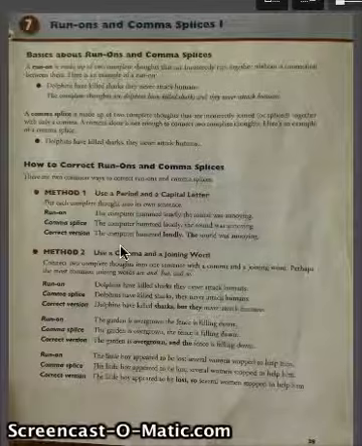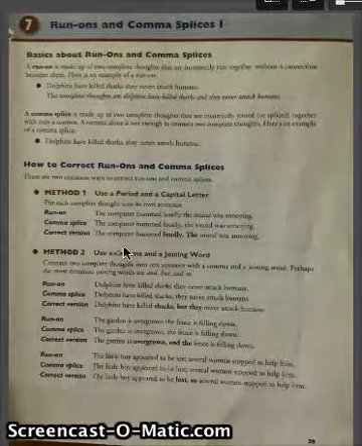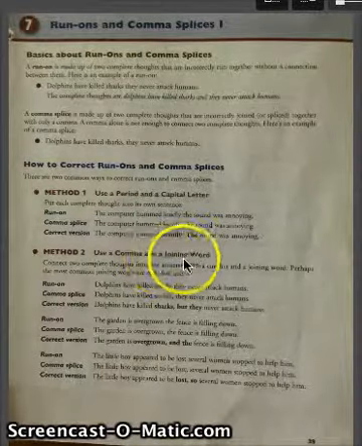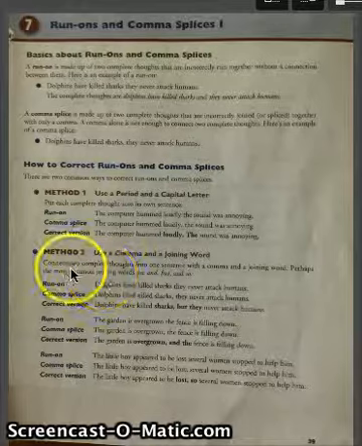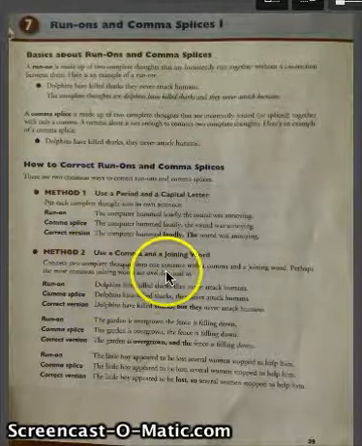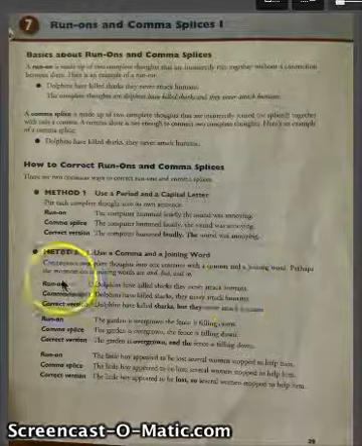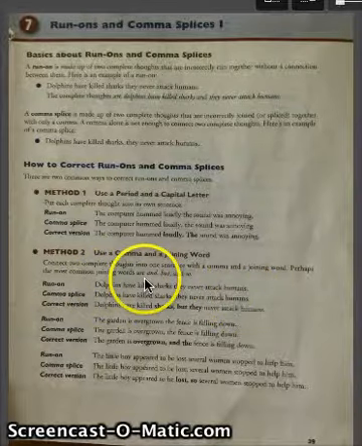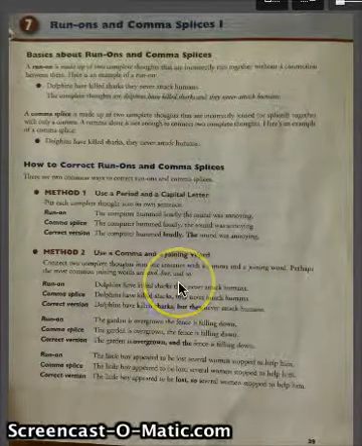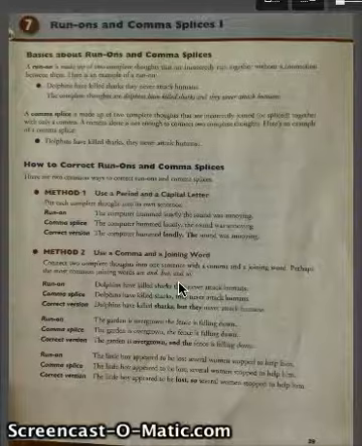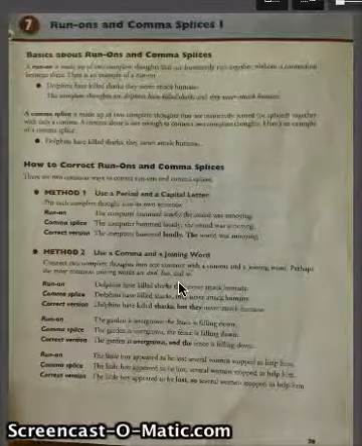Here's the second method. Use a comma and a joining word. For instance, connect two complete thoughts into one sentence with a comma and a joining word. Perhaps the most common joining words are and, but, and so. Here's a run-on sentence. Dolphins have killed sharks.